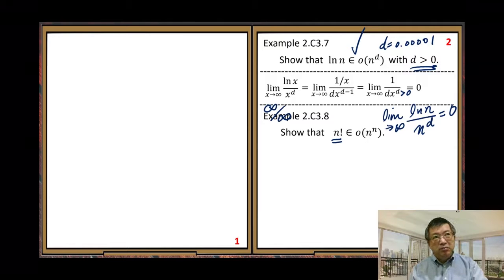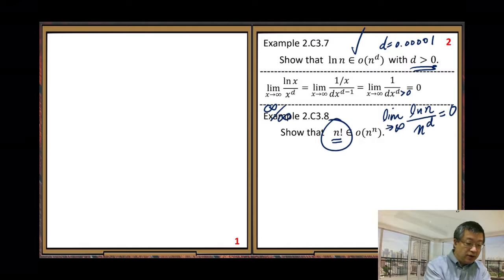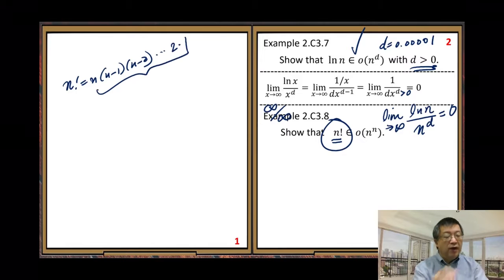But when you take the limit, think about another important difficulty: n factorial. You know the definition of n factorial, right? I think everybody knows it. n times n minus 1, n minus 2, all the way to 1, the product of these n consecutive integers.